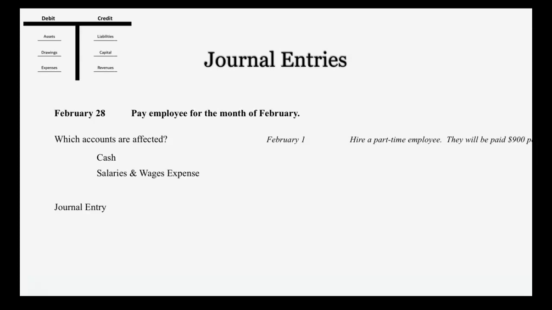And to increase an expense account, we need to debit that expense account. Now our cash, we are paying our employee, so our cash is decreasing. And to decrease cash, which is an asset, we need to credit cash. So that's going to be our journal entry there when we pay our employee for the month.